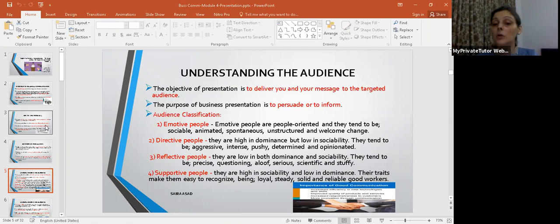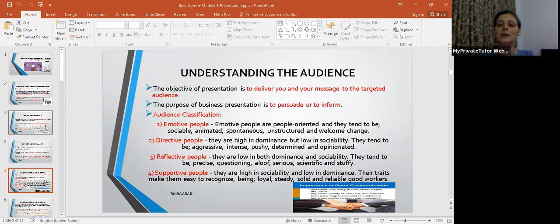Reflective people are low in both dominance and sociability. They tend to be precise, questioning, aloof, serious, scientific and stuffy. They have a lot of information in their brain, but they will talk and give references according to other people, other documents or other statements.